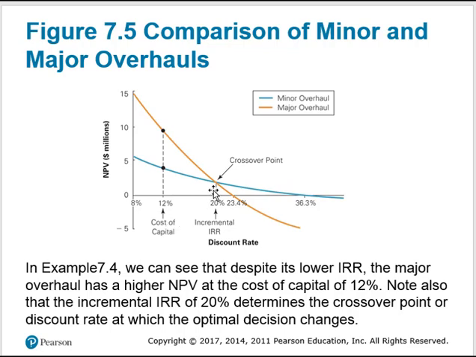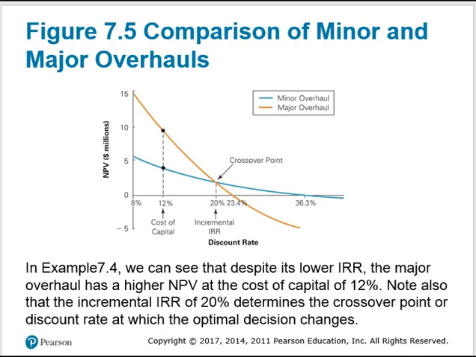In fact, anything less than this 20% means that the major overhaul is better than the minor overhaul. But if the cost of capital is more, what if the cost of capital was 23%? Well, at 23%, there's still some value in the gold one, but anything greater than 20% and the minor overhaul has a greater benefit to the company than the other one.